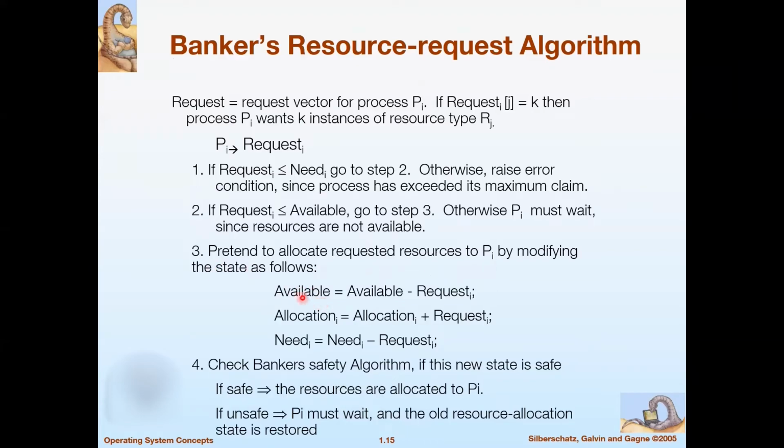If the request is granted, the first data structure changed is Available, which will be reduced by Request i. The next data structure to be modified is Allocation i, that is the ith row in the allocation matrix, which will be increased by Request i.